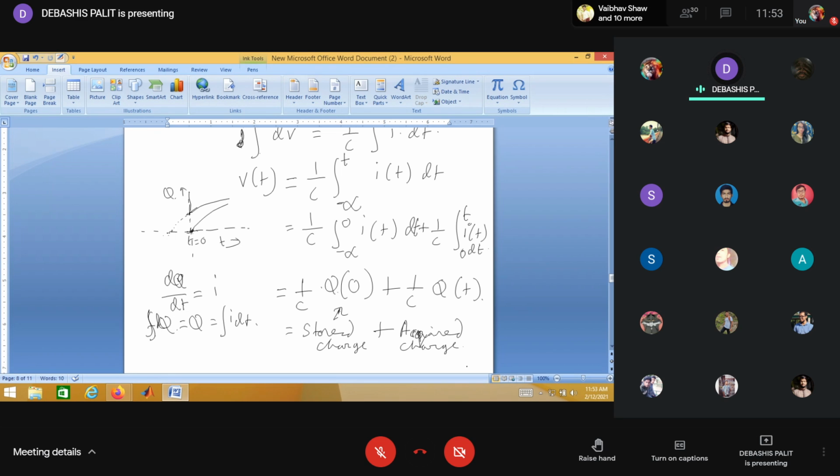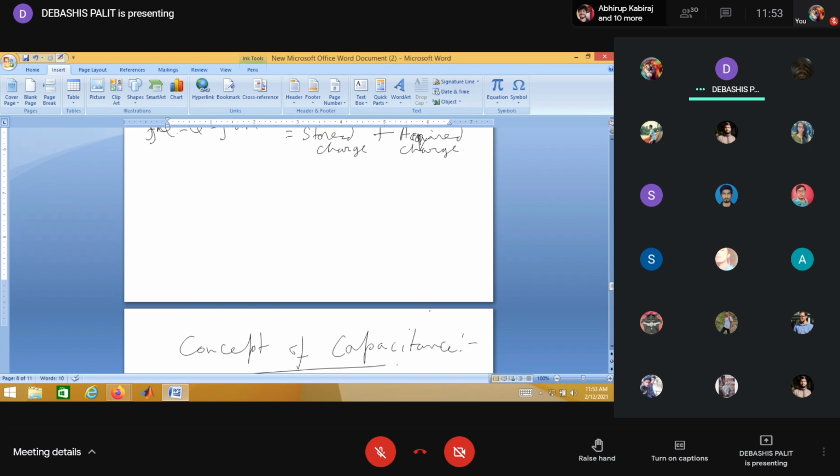So if you consider time varying current or time varying voltage, you have to consider that the time varying current i(t) is equal to C into dV/dt. So that is equal to C into d/dt of Vm sin omega t.